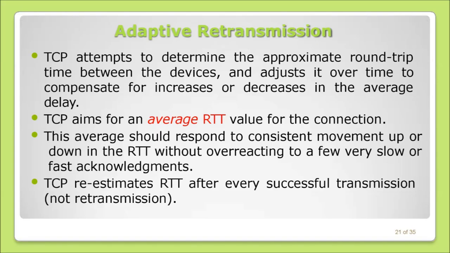This is average round trip time. Next point, this average should respond to consistent movement up or down in the round trip time without overreacting to a few very slow or fast acknowledgements. Acknowledgements may be slow or fast, but the round trip time will again be calculated in an average manner.